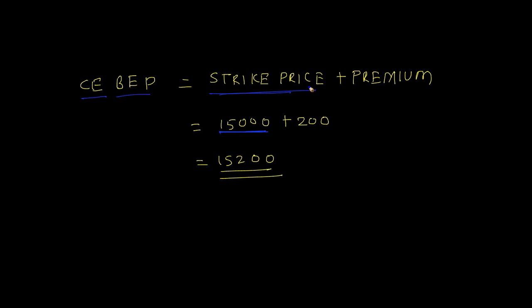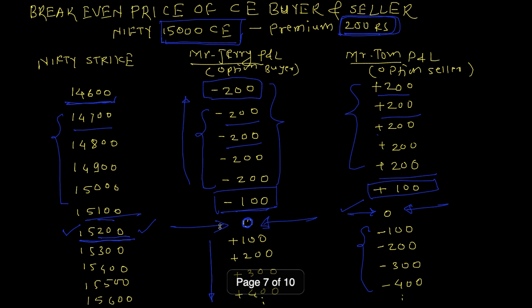So strike price plus the premium, and the premium here is 200. So strike price 15,000 plus 200 is 15,200. 15,200 is the break-even price for this particular call option for both call buyer and call seller, right? You see here the break-even price was 15,200.